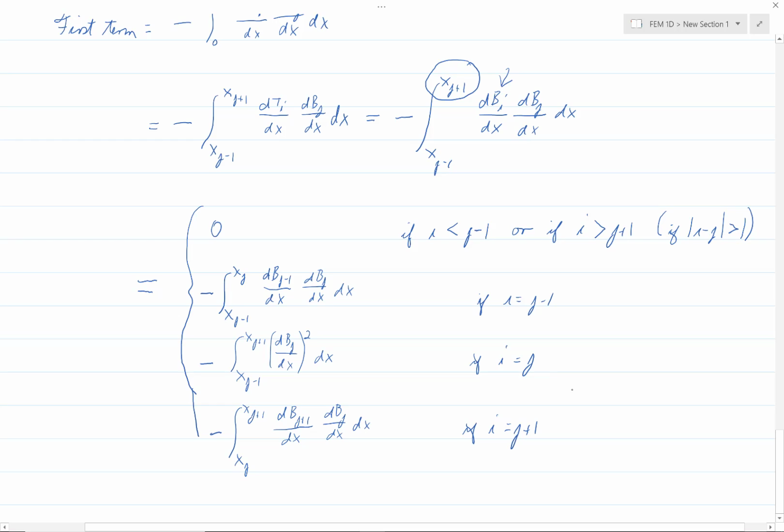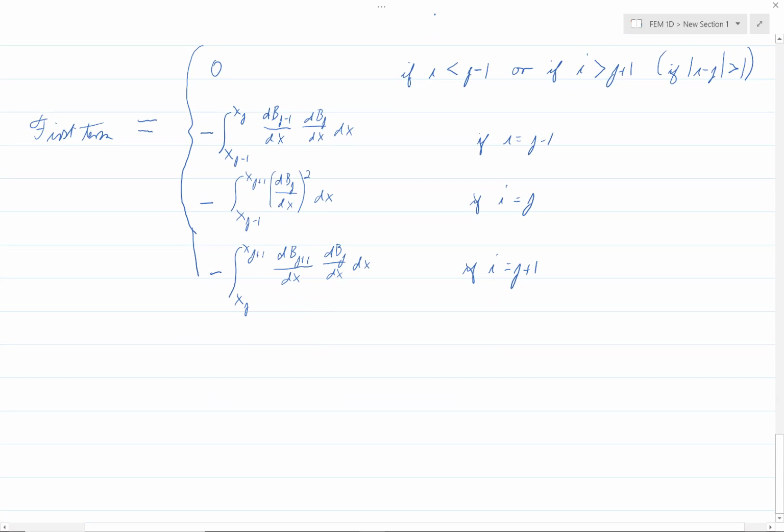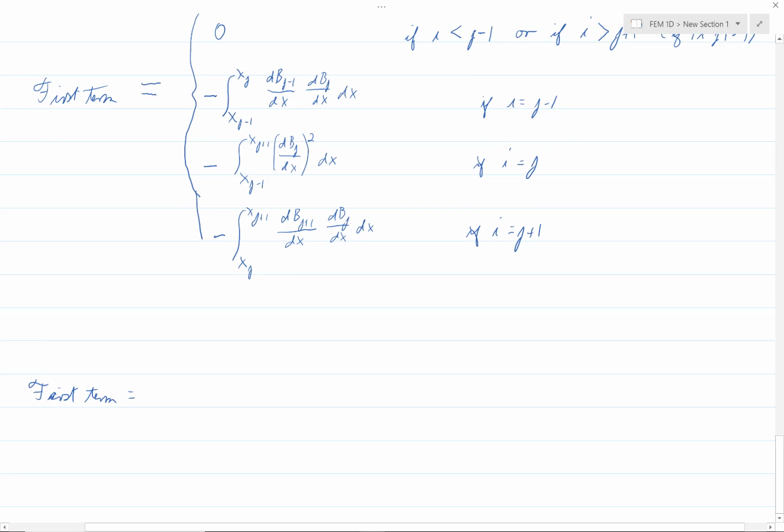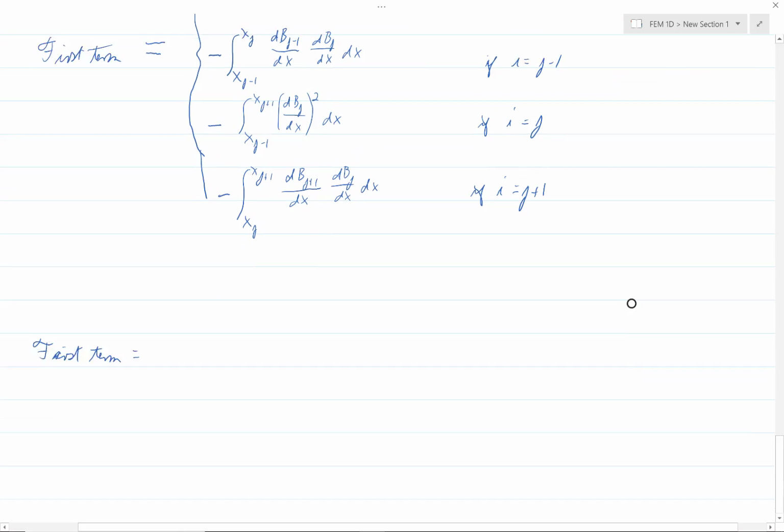So this is the first term in all of those cases. And so now let's see about the evaluation of these, which is actually quite easy. In fact, the first term is by far the easiest term to evaluate.